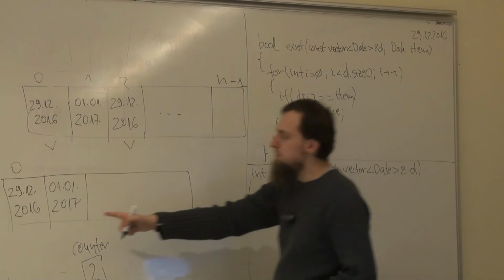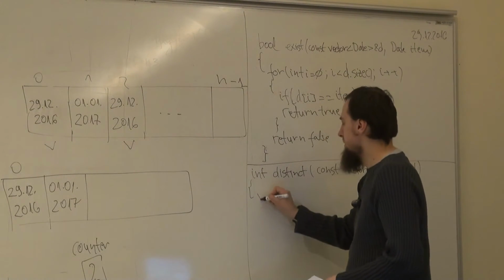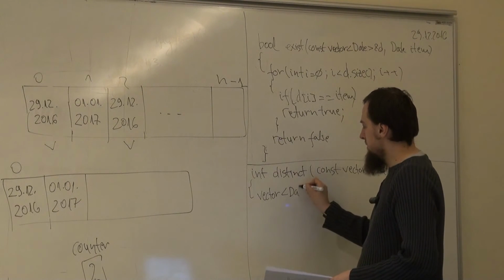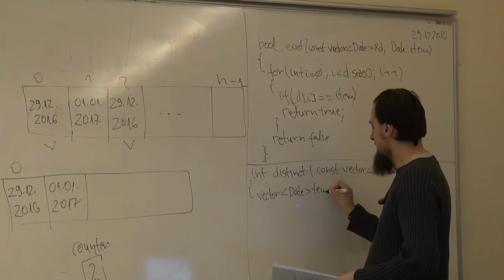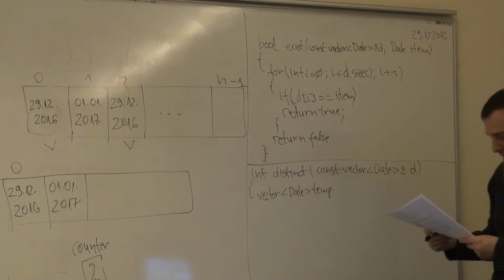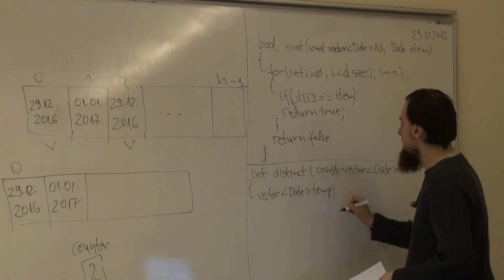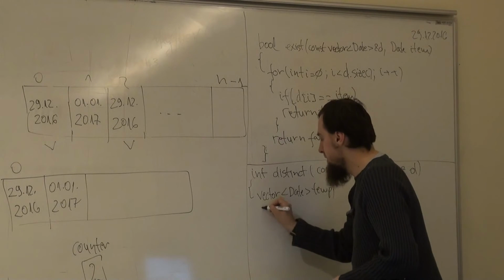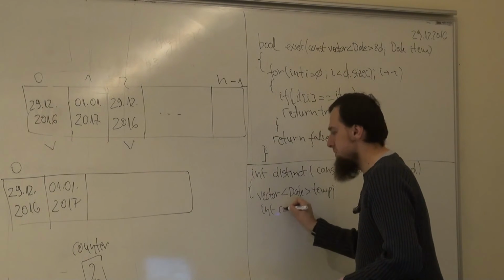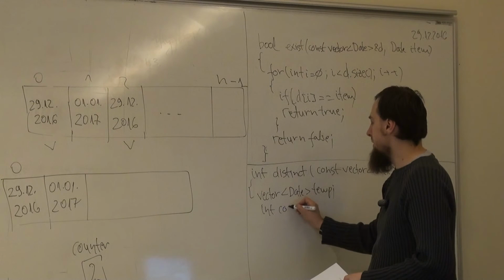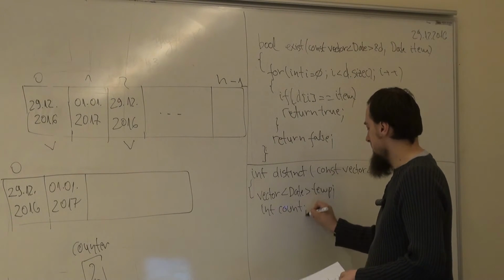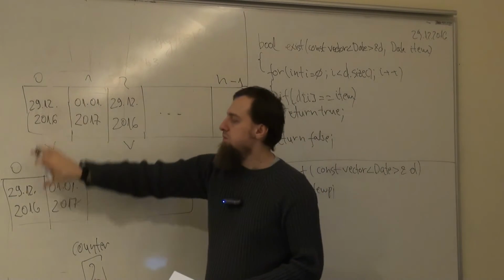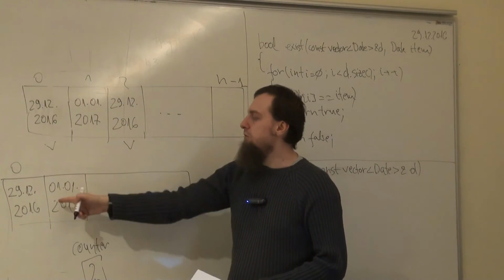Now I declare this temporary vector here, vector of type date, which is called temp. Initially it's 0. I define a variable, count. This is the counter I told you about. And now let's put one by one those elements here if it does not exist.